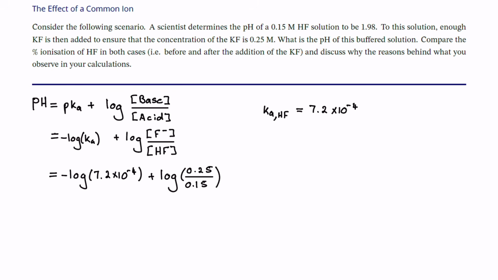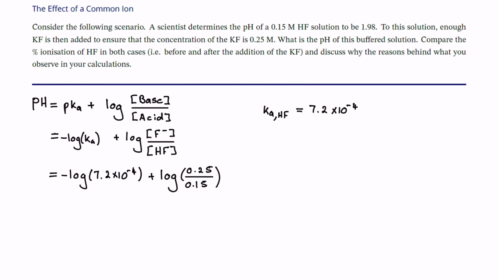We take the initial concentrations because we know the Ka is for a weak acid and weak base, so the amount of ionization and dissociation is quite small. That is what the Henderson-Hasselbalch equation is built on: the principle that the amount of ionization and dissociation is negligible, especially when these two species are mixed.